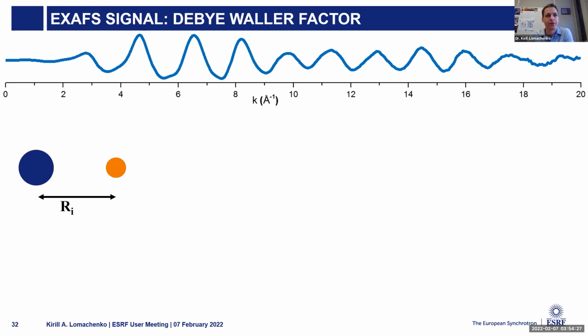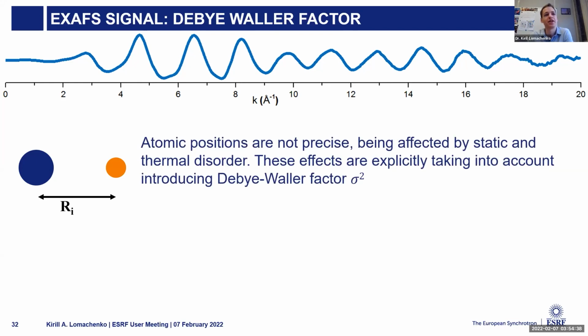Then we should also remember that when we say that the distance between particular atoms, like the blue and the orange atom, is R, in reality this distance is not as precise as we'd like, because first, the atoms vibrate just because it's warm around. So there is thermal vibration, and the warmer it is, the more they vibrate. But the other thing is that in the same coordination shell, the distances between different atoms and the absorbing atom can be slightly different.